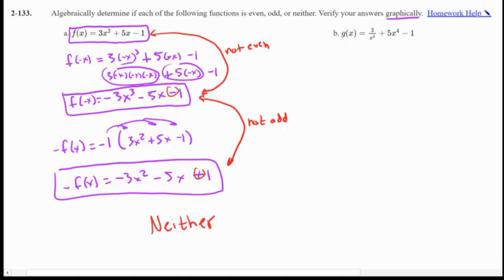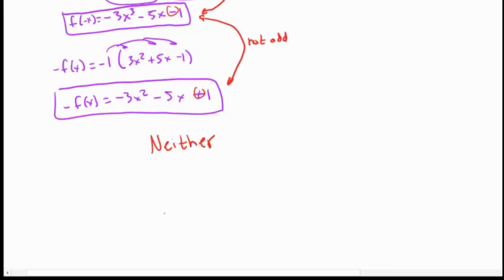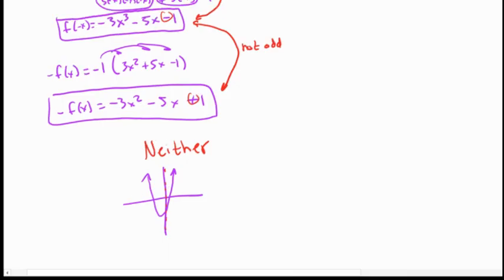When I put it into a graphing calculator, I'll see it's a parabola, and it's shifted in a way that looks kind of like this. Obviously not even because it doesn't flip over the y-axis. And if you rotated it 180 degrees, it would be pointing in the wrong direction. So neither makes sense.